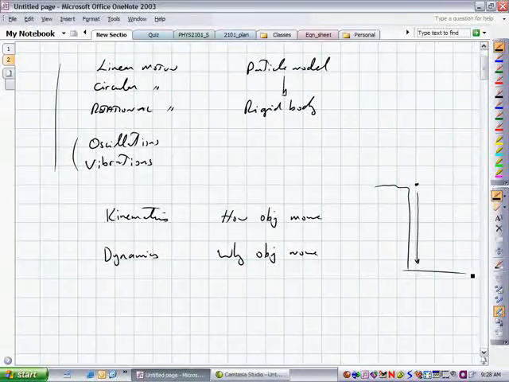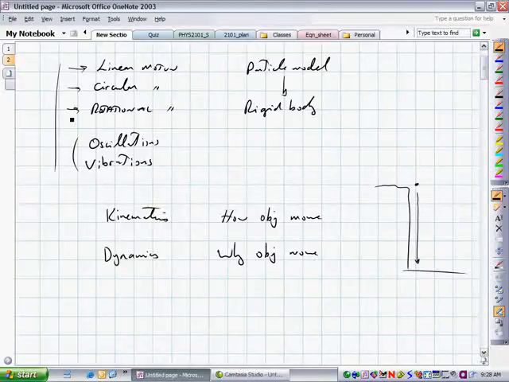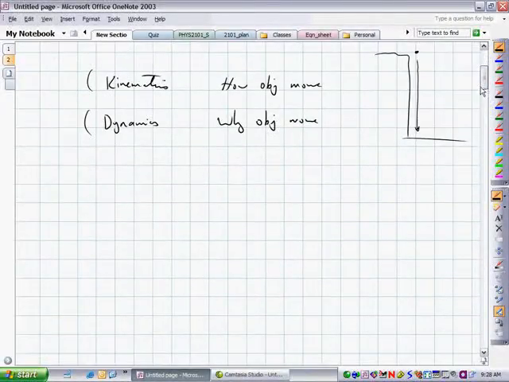So with each one of these categories here, linear, circular, rotational, oscillations, vibrations, we will cover both kinematics and dynamics of that motion.